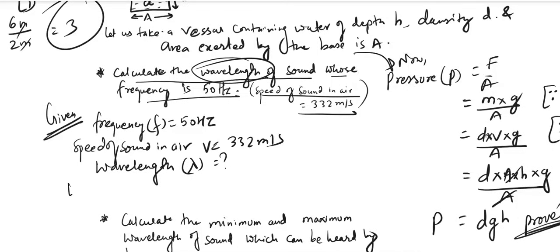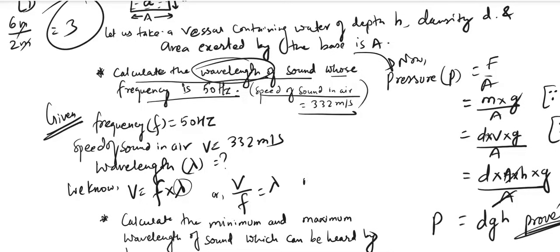We know the formula v is equal to f into lambda. For finding lambda, f must go to the other side of the equal sign, so it goes to the denominator. So the formula becomes lambda is equal to v upon f.